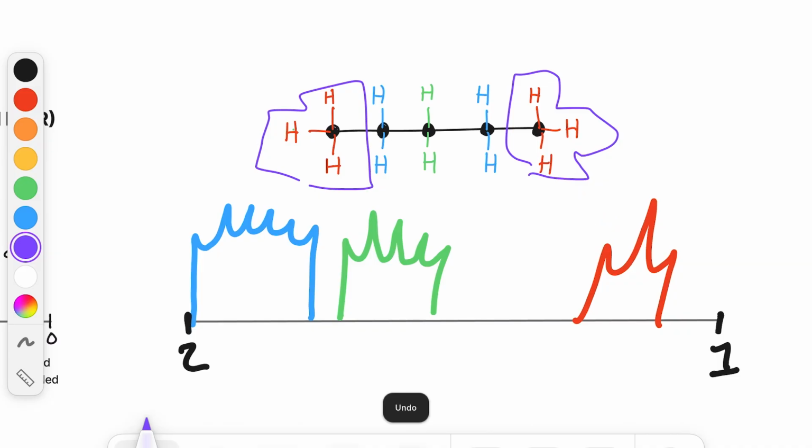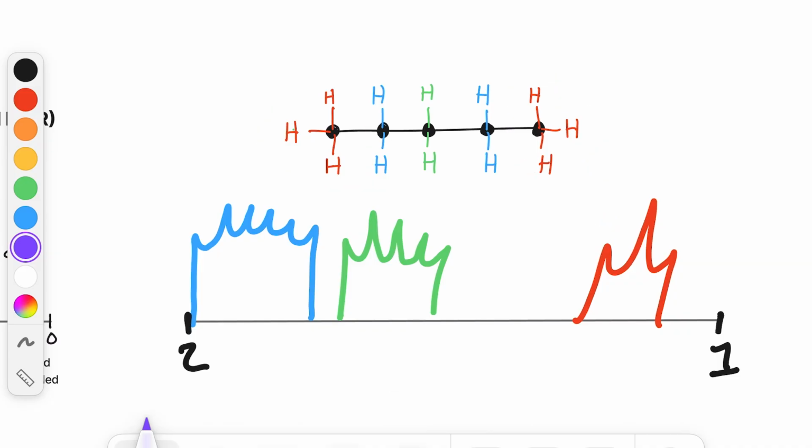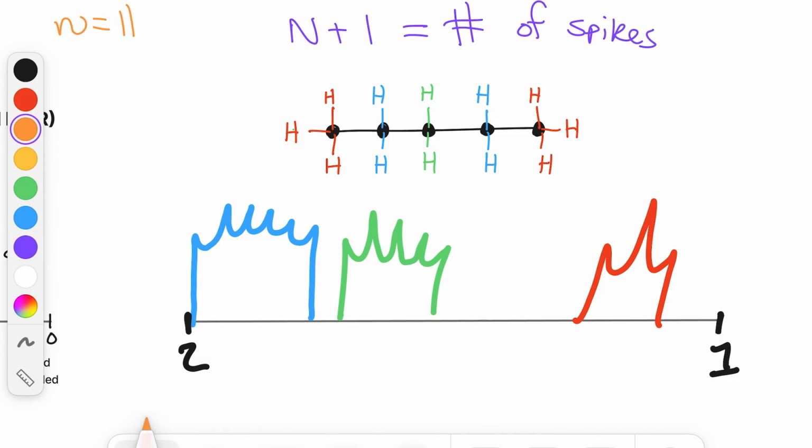Now let's talk about more specifically how these signals work, specifically the number of spikes. How do we determine the number of spikes? The number of spikes is determined using the n plus 1 rule. N plus 1 is going to turn into the number of spikes. What is n? N equals the number of adjacent hydrogens.